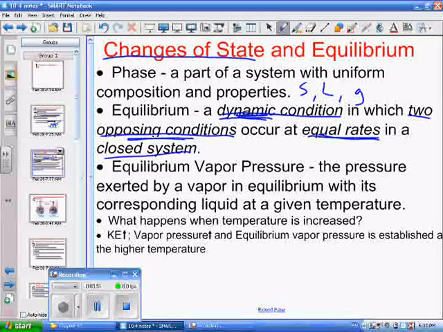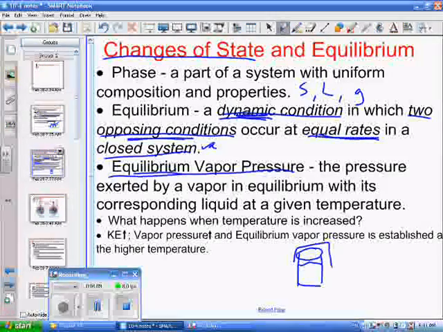Equilibrium vapor pressure. Now, this says the pressure exerted by a vapor in equilibrium with its corresponding liquid at a given temperature. Okay, well, what does that mean? Let's say we go back to our beaker. Since at equilibrium we have to have a closed system, let's put a cap on it.